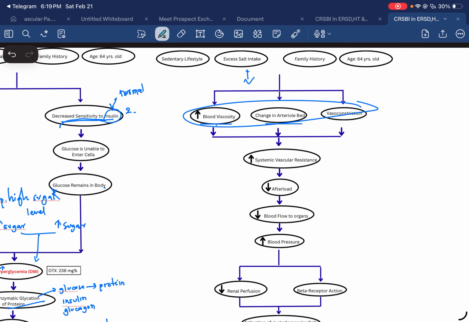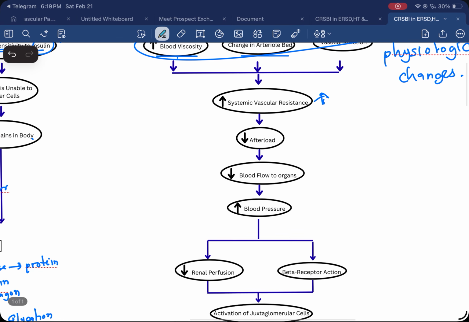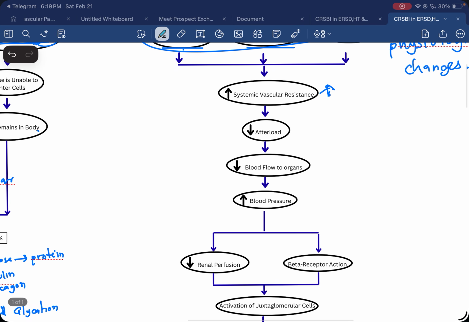These three are called physiological changes. And these physiological changes are responsible for increase in vascular resistance. When there is increase in resistance, there is decrease in afterload, and the blood flow to organs is reduced.